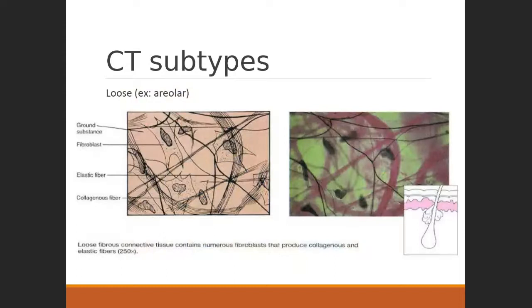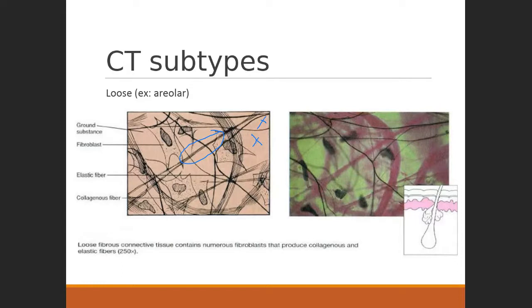Here's an example of a loose connective tissue. Now, when we use the word loose versus dense, we're referring to the density of the fibers. Here you can see a few fibers suspended in a lot of ground substance matrix. The fiber to matrix ratio, so to speak, is low.